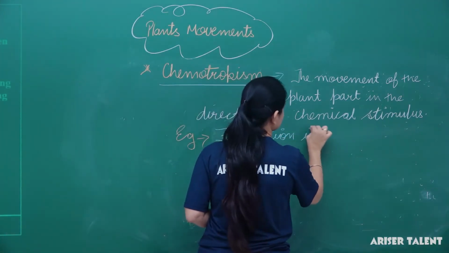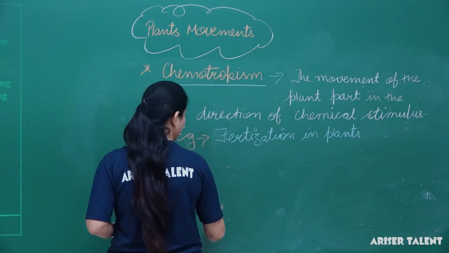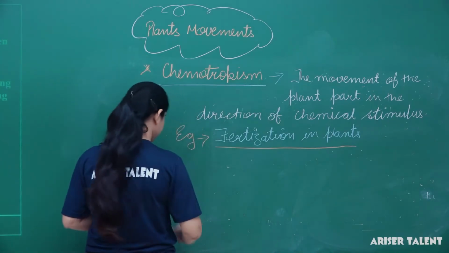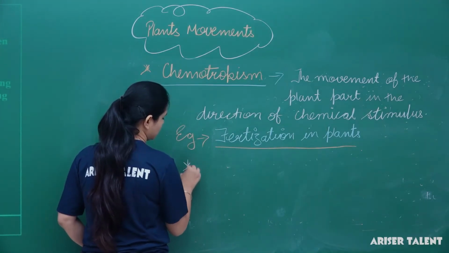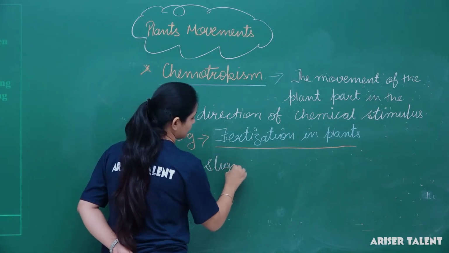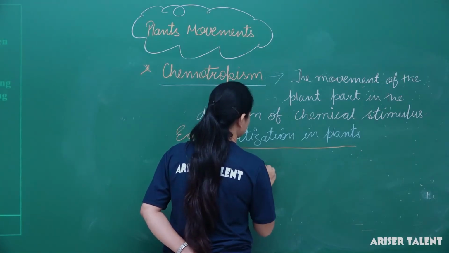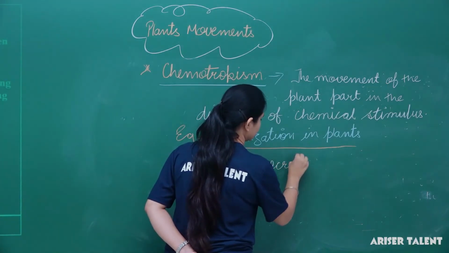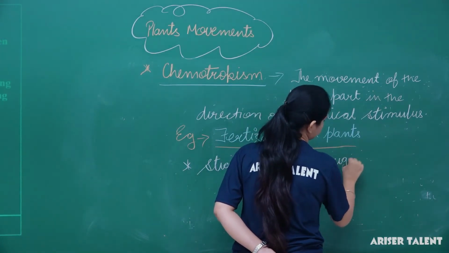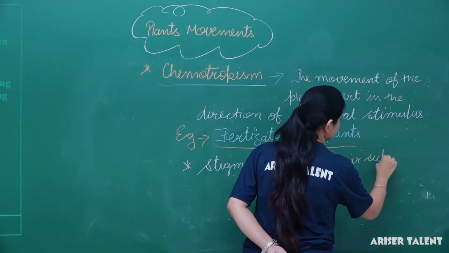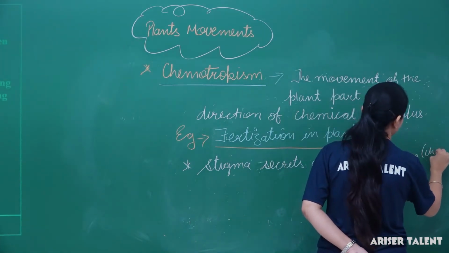Okay, this is the example of chemotropism. What happens in it? Stigma secretes a sugar substance, that is a type of chemical here.